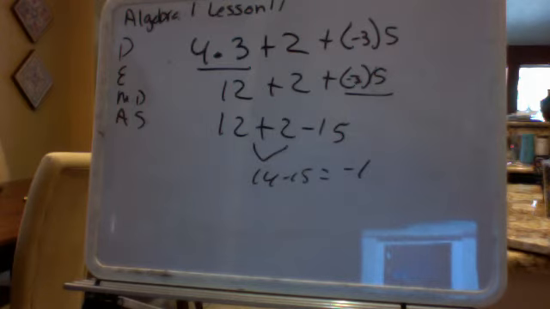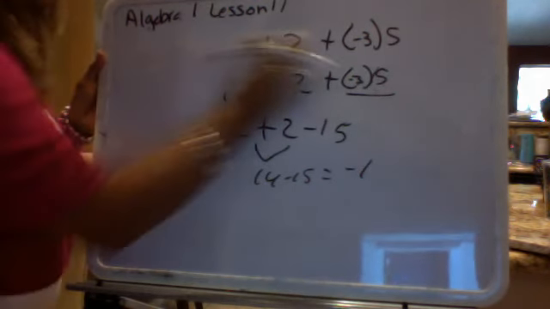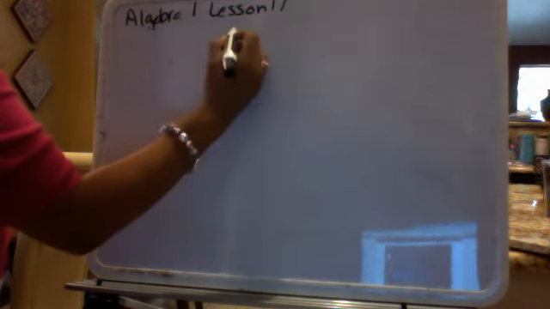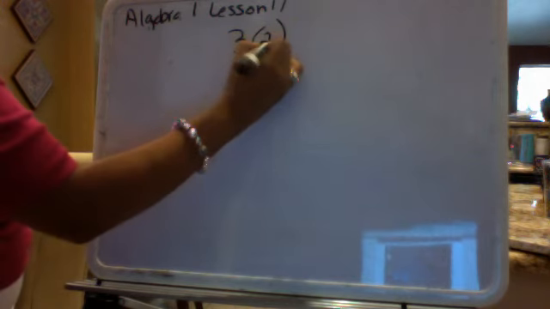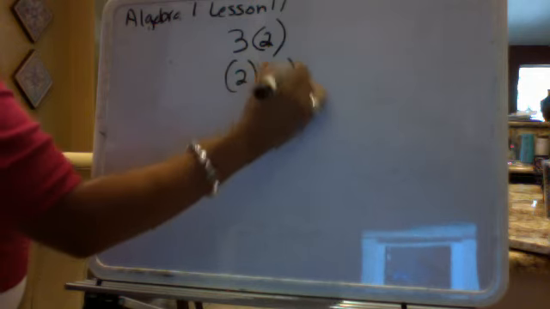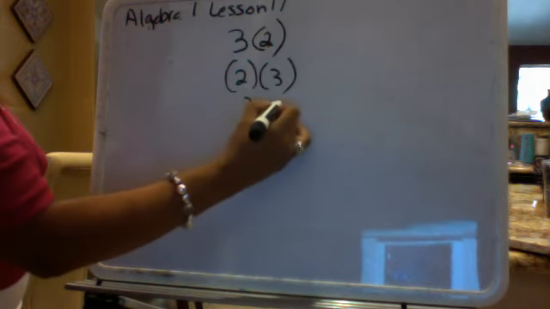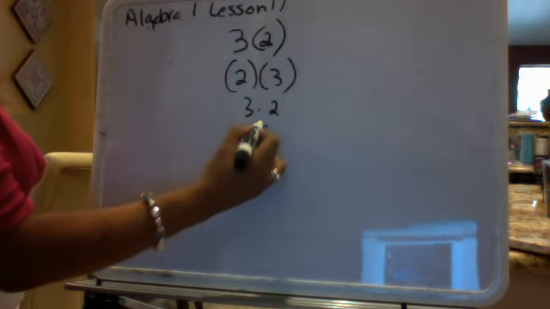That's all you do. Now, identifying the difference between multiplication and addition gets a little bit more difficult when we add signs to it. You're like, is that multiplication? Is that addition? We said there are different ways of writing multiplication. We can use the multiplication symbol.